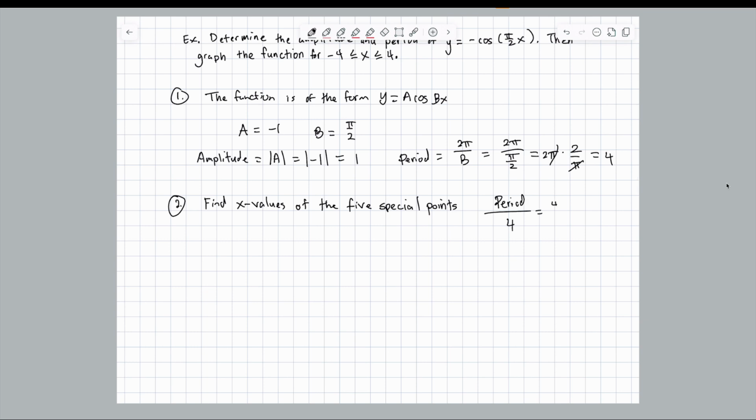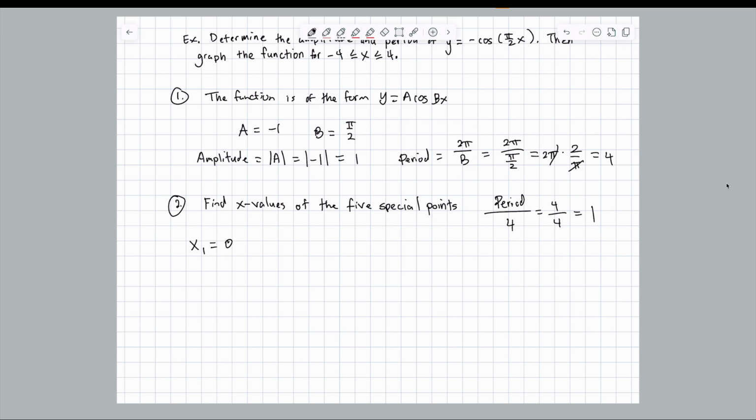So our period is 4, so 4 divided by 4 gives us 1. We'll take our starting point at 0, since the length of the period is 4, so it's going to trace out a full period between 0 and 4.